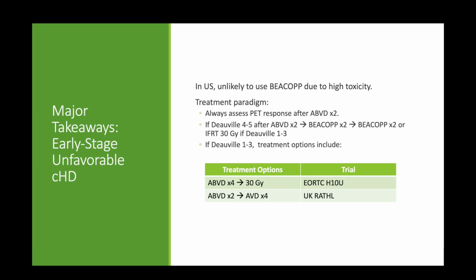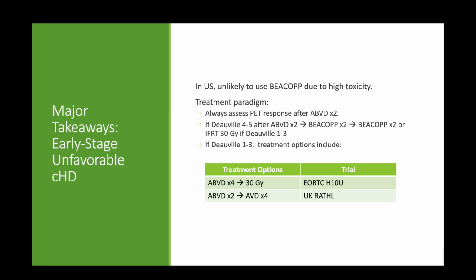So I think the highlights from our discussion of early stage unfavorable disease, again, in the US, we're very unlikely to use BEACOPP just because it is an extremely, extremely toxic chemotherapy regimen. Again, ABVD times 2 followed by a PET response is always a great way to start off when you're asked how you would treat somebody.